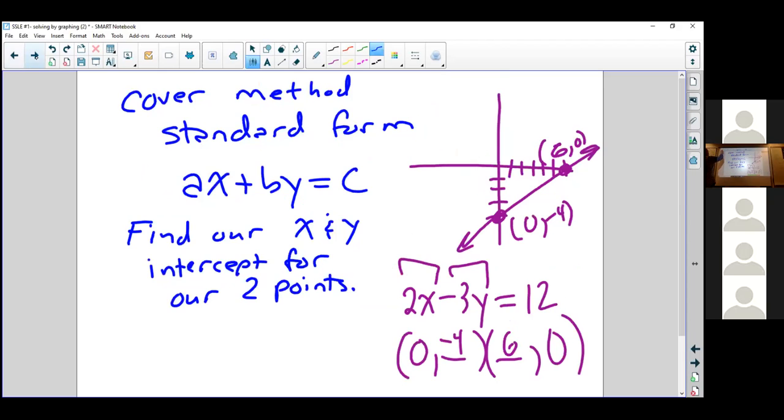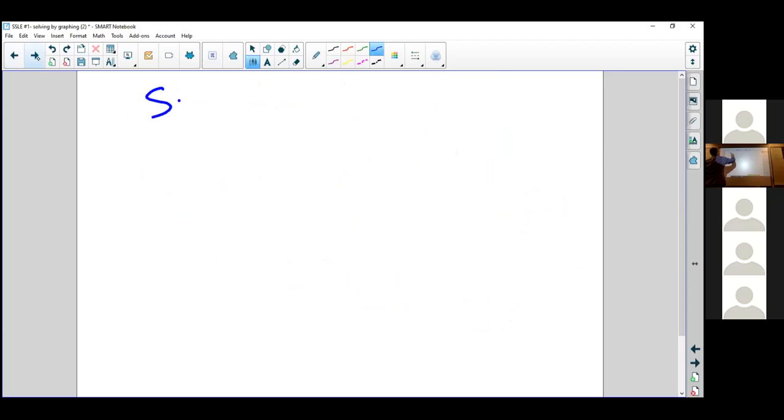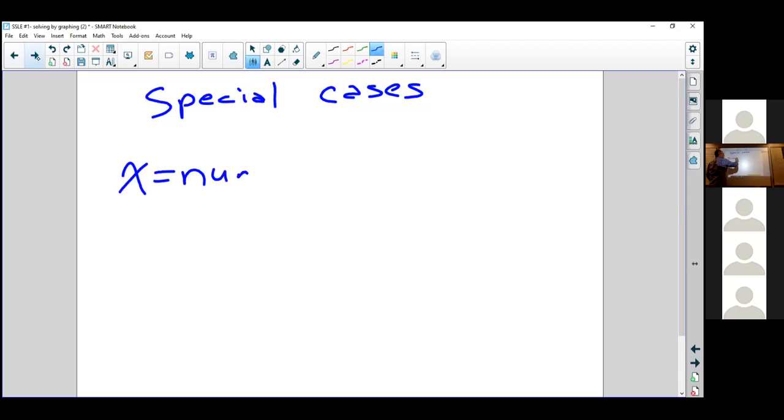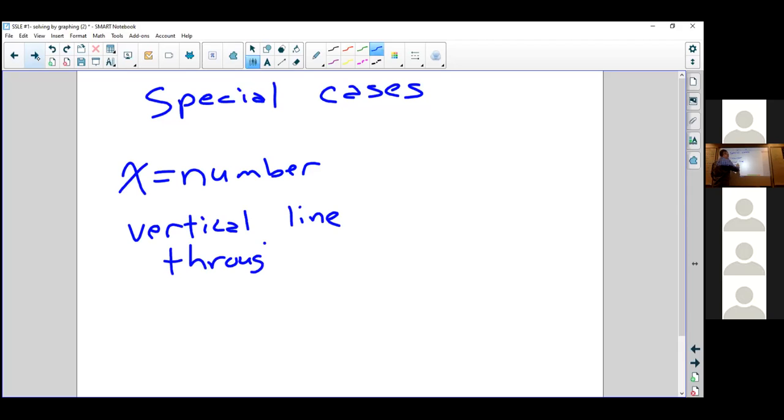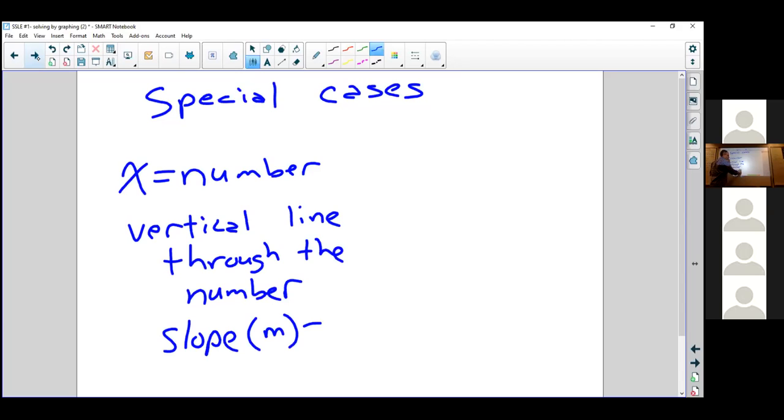Okay, and then there are two special cases that we have to remember. You can get x equals a number, and this is a vertical line through the number, and the slope, m, is undefined.